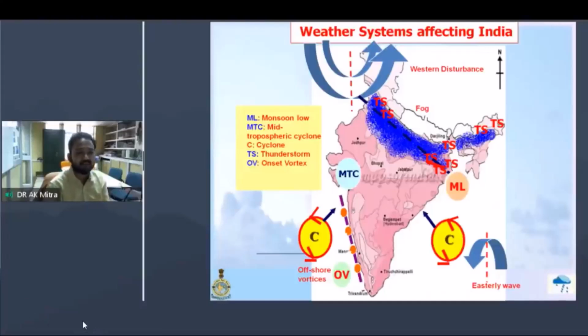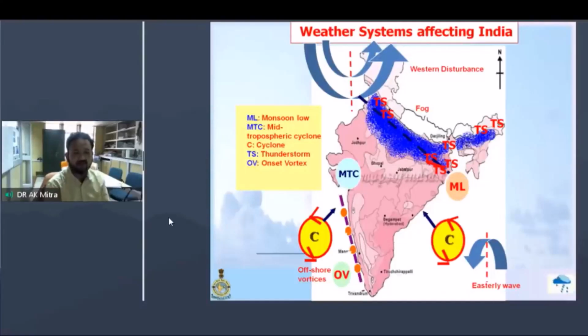Our country is affected, as I mentioned, according to the season, by a number of weather events occurring over the Indian subcontinent, and they affect our weather pattern. Over the north region, it is given by the western disturbance, and if you go to the IGP, the Indo-Gangetic plain, it is mostly thunderstorm and fog. And if you go to the northeast region, that is also thunderstorm.